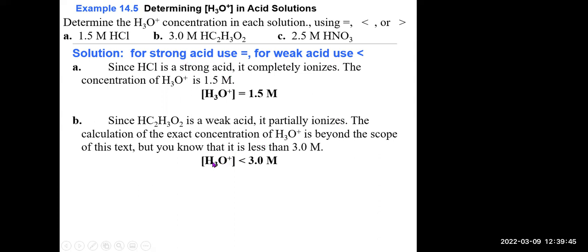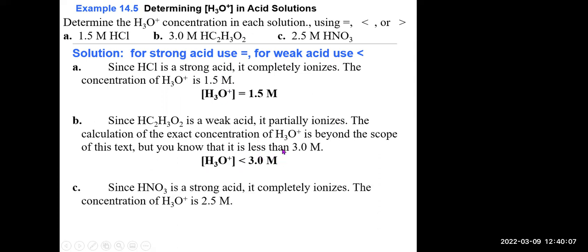The H3O+ concentration is less than the concentration of the given acid, the whole unit, 3.0 molar. Therefore, since this is a weak acid, the H3O+ is less than 3.0 molar.